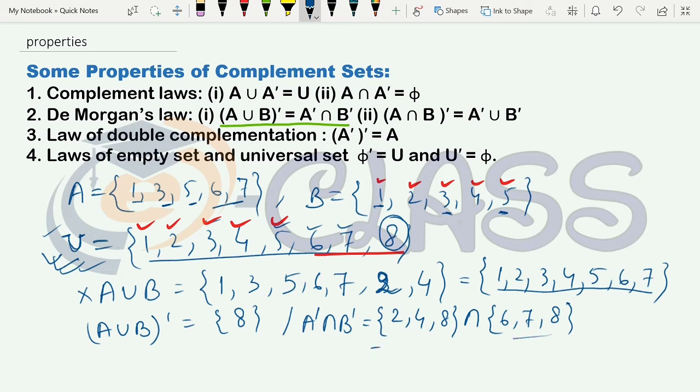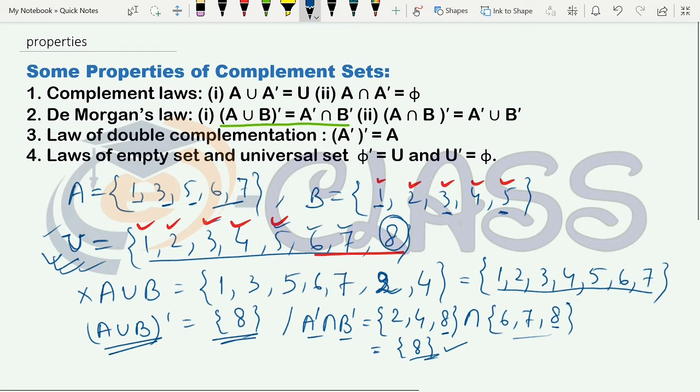Now if we solve the intersection, we get 8, because 8 is the only common element between A complement and B complement. So A complement intersection B complement equals {8}. Also (A union B) complement equals {8}.